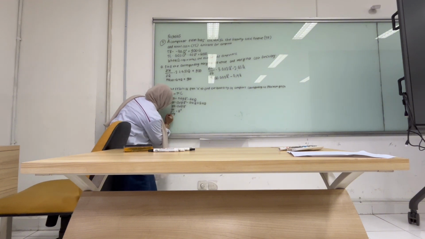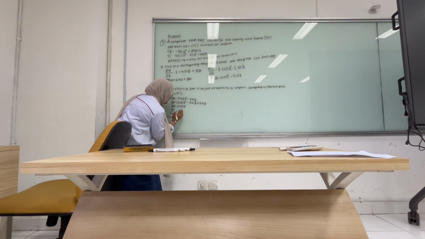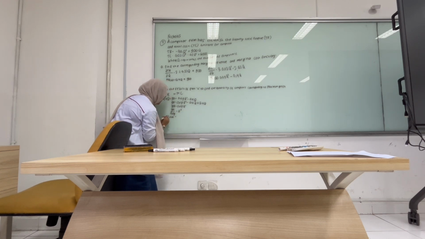It will be 10,000. To remove the squared, we use the square root.